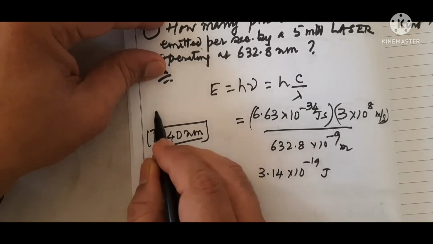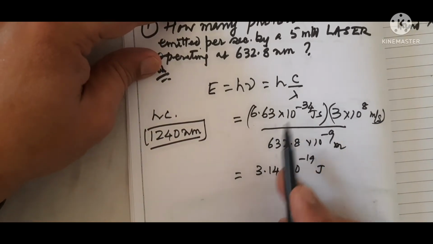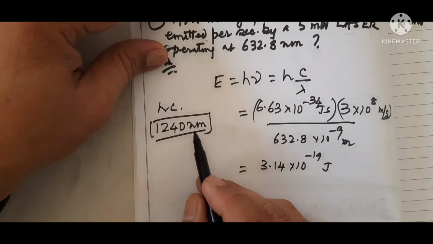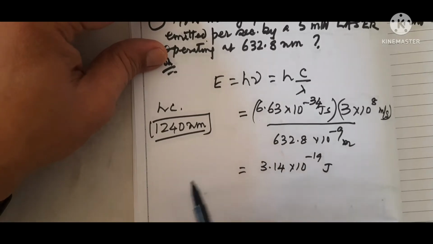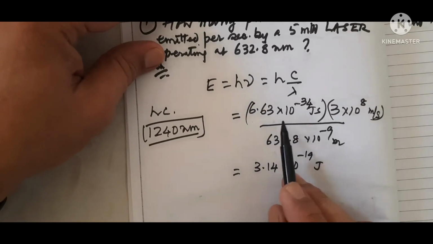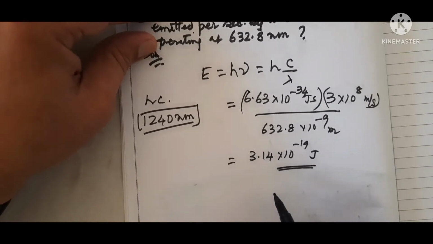If you remember it, you can apply it directly in the exam hall also. If you do not remember, then you have to proceed in this way, and so you got the energy.